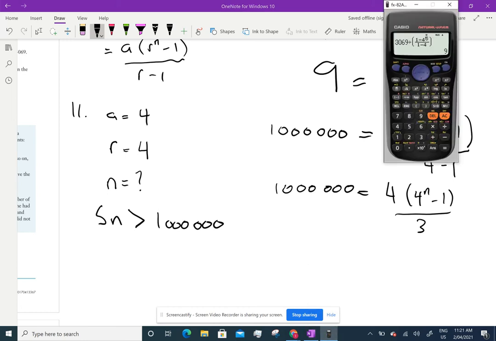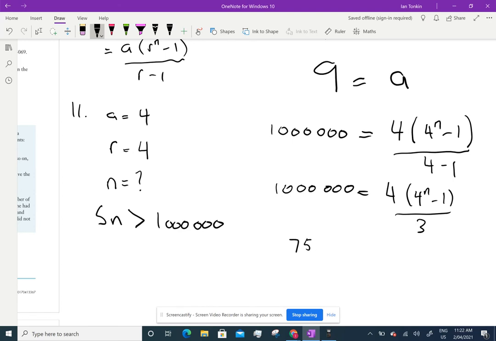So 1 million divided by 4 times by 3, 750,000. So 750,000 equals 4 to the n minus 1.